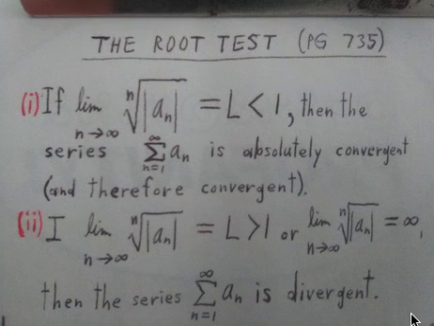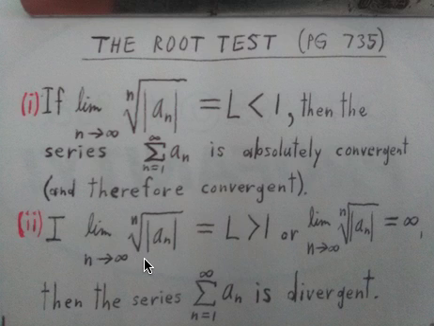Likewise, if the aforementioned limit has a value greater than 1, or if that limit ends up being equal to infinity, then the series a sub n from 1 to infinity is divergent.